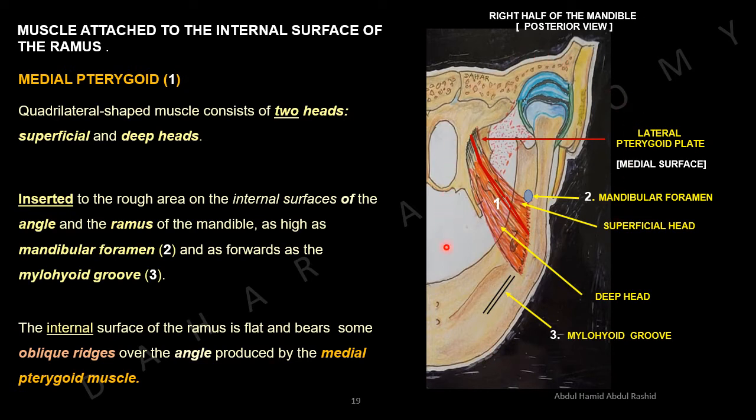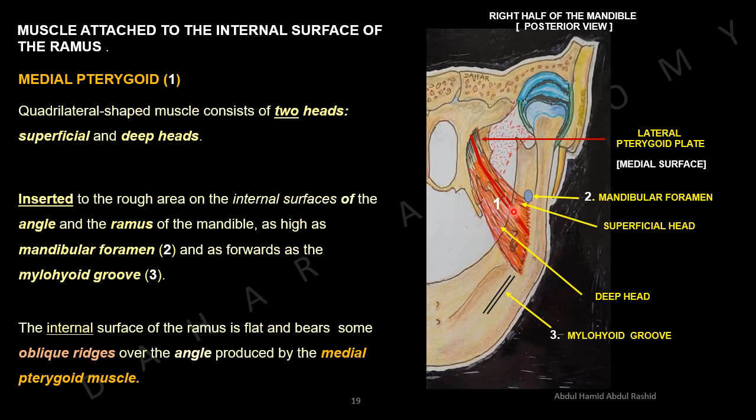We are looking from behind, posterior view. The muscle which is attached to the inner surface of the ramus is medial pterygoid muscle. Number 1. It is quadrilateral shaped muscle, consists of 2 heads, superficial and deep heads.